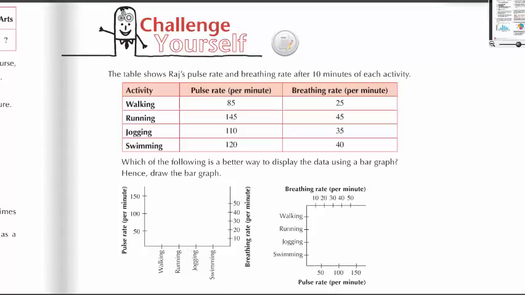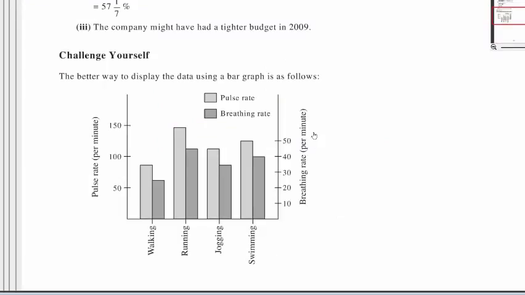So your graph would look like this. Yes, walking, two color bars. The first gray color represents the pulse rate and the dark gray color represents the breathing rate. So you should draw your graph in this way. So good, we have finished the first section of our exercise, which requires us to interpret the different types of graph.